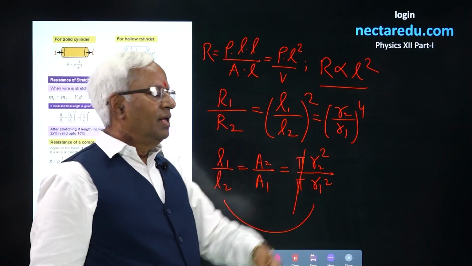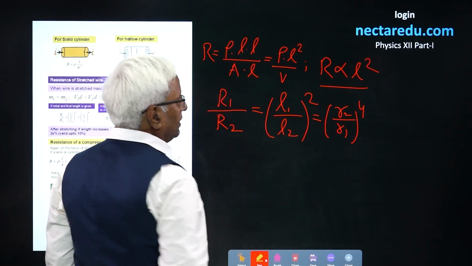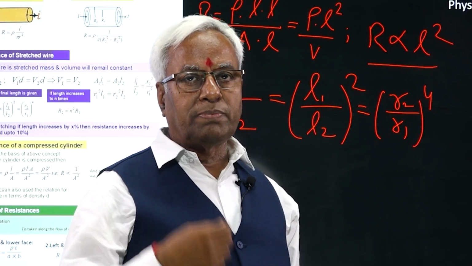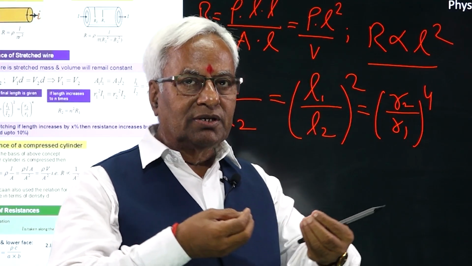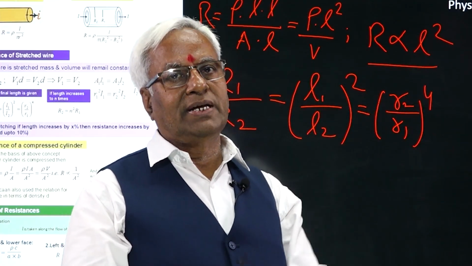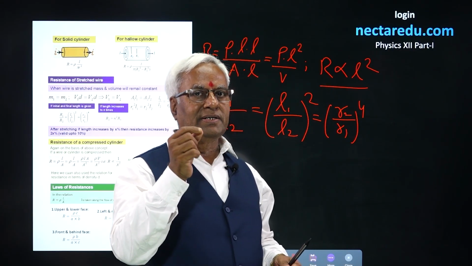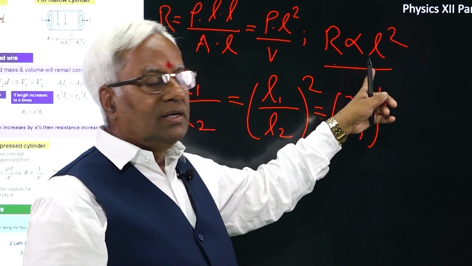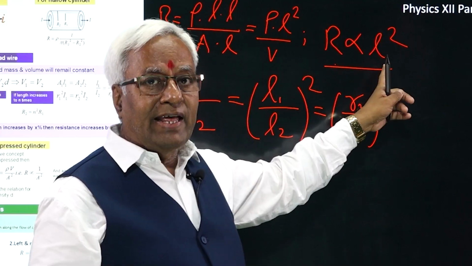Both are equal. But let's summarize the whole thing in a very tricky style. If length is increased by 2%, square of 2, that's 4, the resistance will increase by 4%. So you have to remember, once length increases n%, small n, then radius will also change. That will be related in other parts. Simply remember in terms of length only.